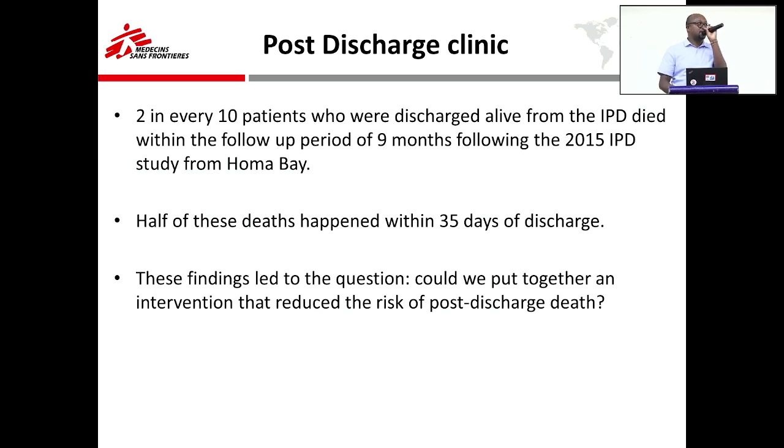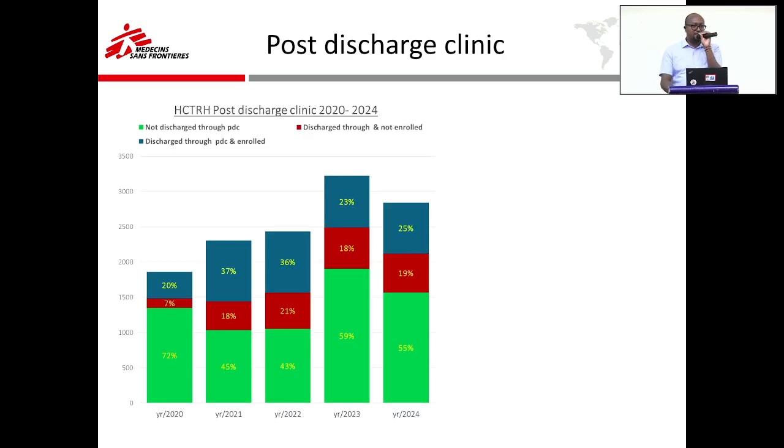PDC. The next slide. So in the PDC, we only see patients with chronic diseases, advanced HIV, and also NCD-related conditions. I know the graph, maybe we should have extended it. So by last year, we were seeing an average of 105 patients per month.